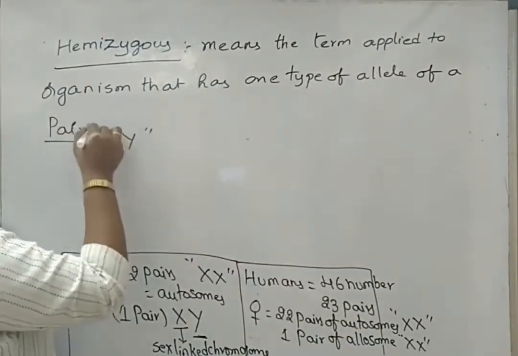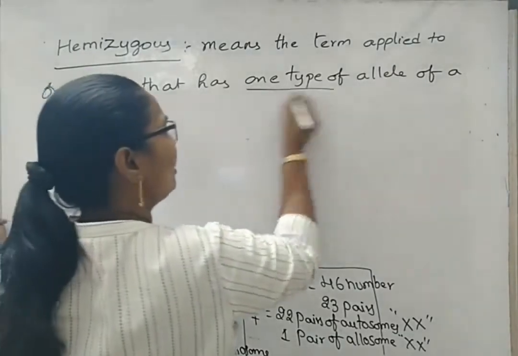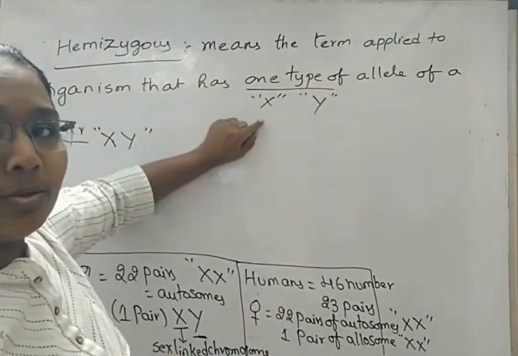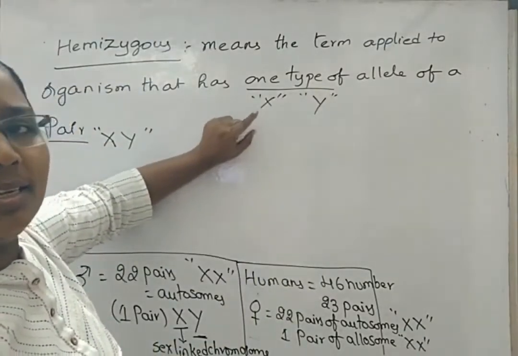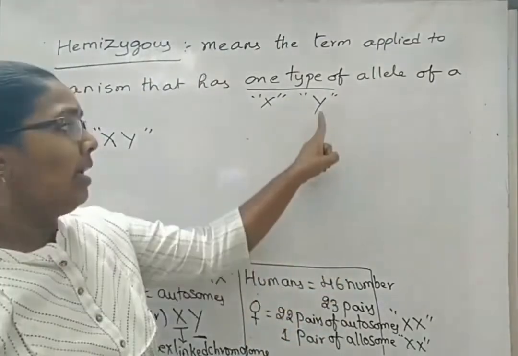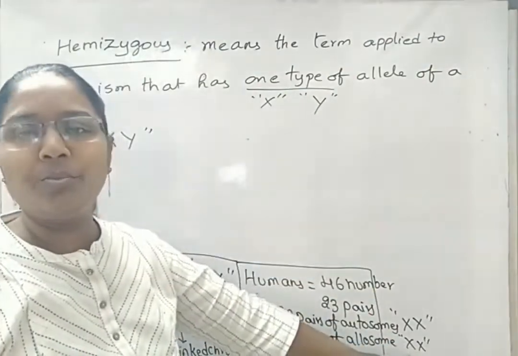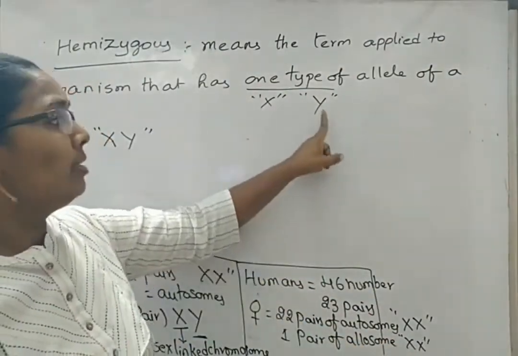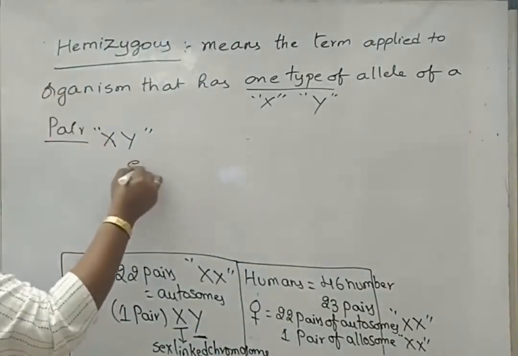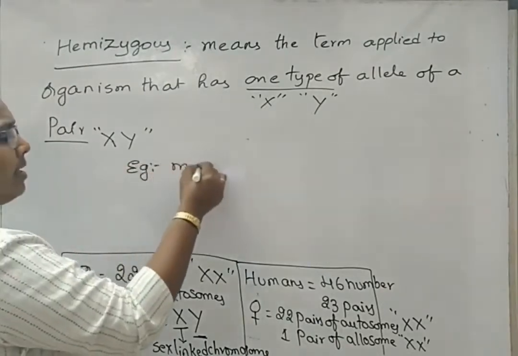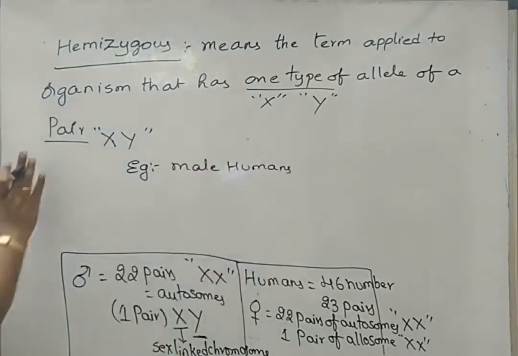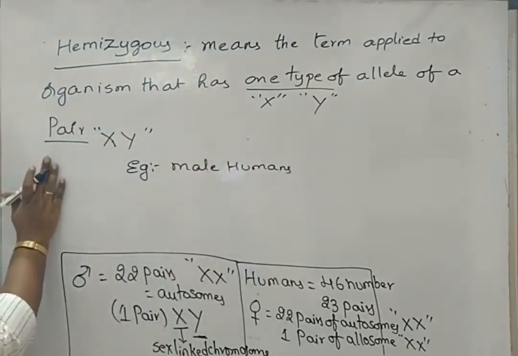That pair is X and Y. Out of that pair, the one type of allele can be either X or Y. But mostly we talk about the X chromosome, because it is considered the sex-linked chromosome. If it is not transmitted to the female body and Y crosses with an X chromosome, then it will be considered the male child. So in the case of hemizygous, an example is male humans.